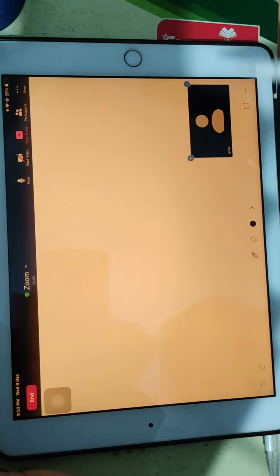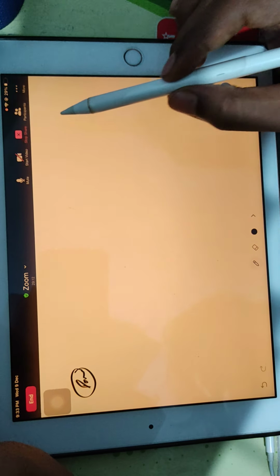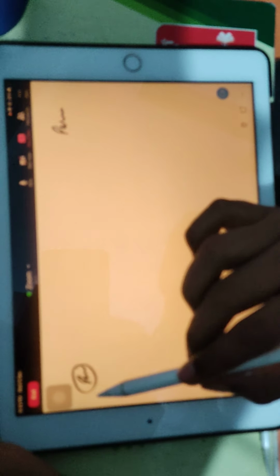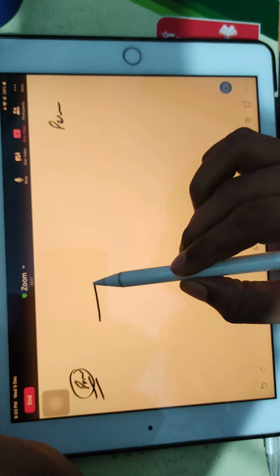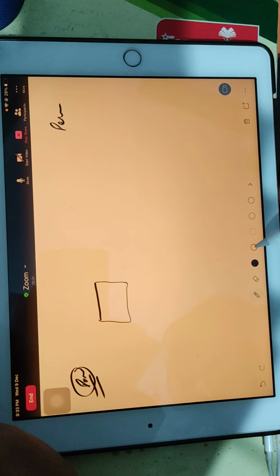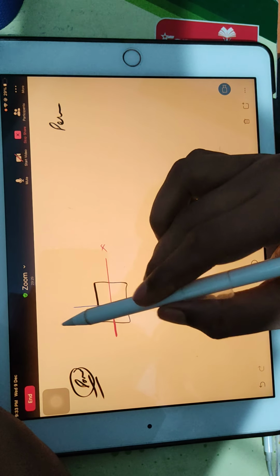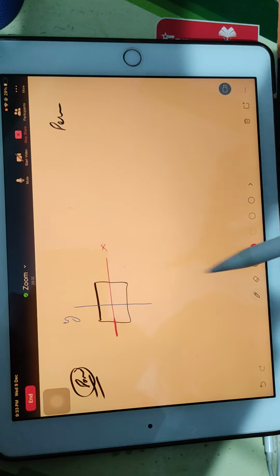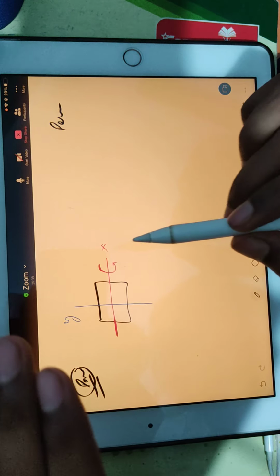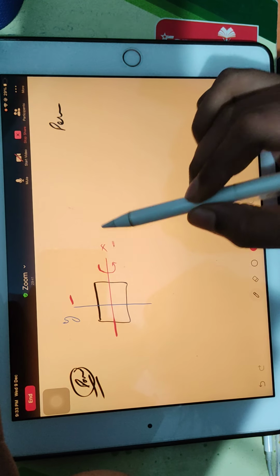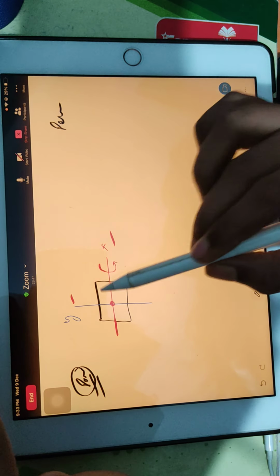Okay, so I am trying to teach you two theorems. One is the parallel axis theorem and one is the perpendicular axis theorem. First I am teaching you the parallel axis theorem. If you have any rectangle with this as x-axis and this as y-axis, and we are considering that the rectangle rotates about its own x-axis, and the condition is that this y-axis and this x-axis pass through the center of mass, or you can say the centroid of the rectangle.